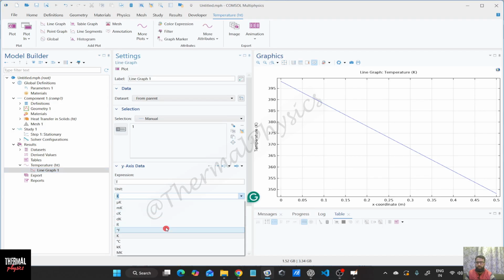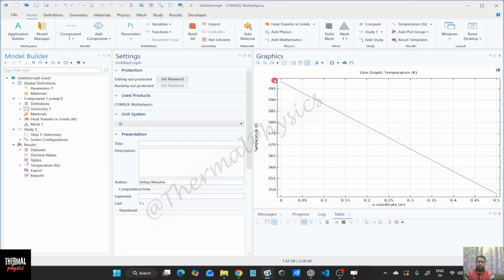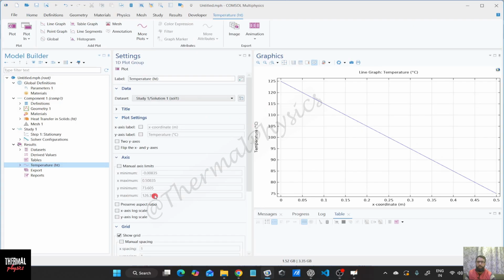We can change units to degrees Celsius from here. So we get our temperatures here. So temperature, we can see it decreases from 125 on one side to, on the other side, which we calculated, 75. So it decreased from 125 to 75.